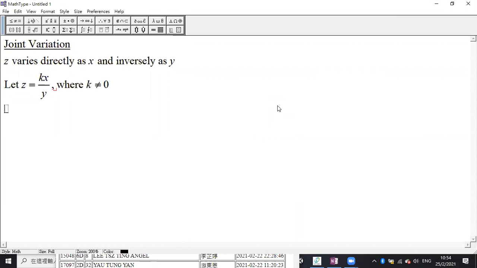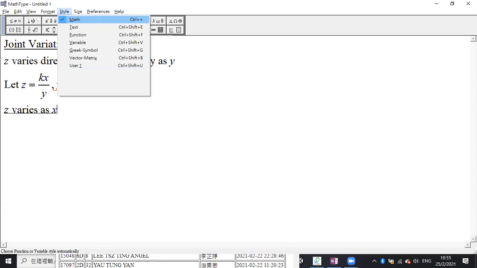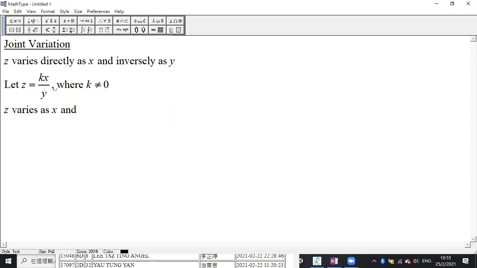Sometimes it is like this: z varies as x and varies inversely as y. If the question does not mention whether it is directly or inversely, then you need to assume that it is directly.